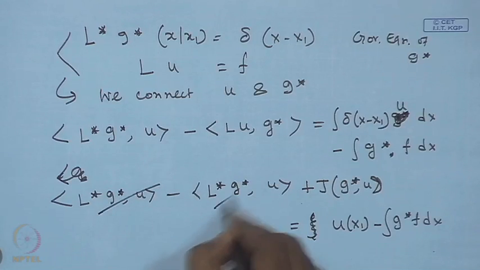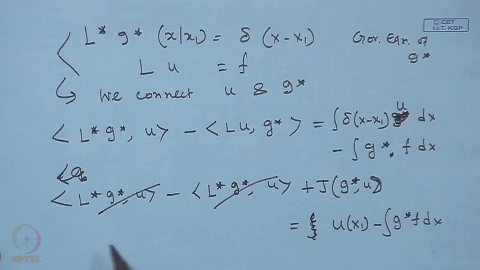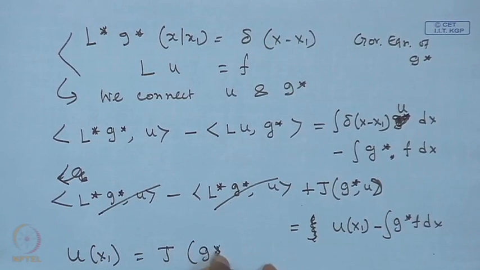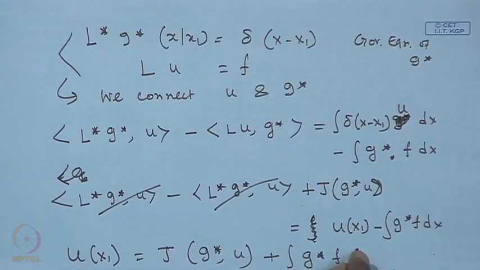Now, these two will vanish; the bilinear concomitant term will be present only if u has some non-homogeneous boundary condition. So, let us put it down in this way: u of x1 is equal to J(G star, u) plus the integral of G star f dx.